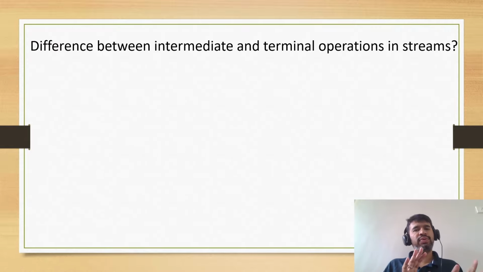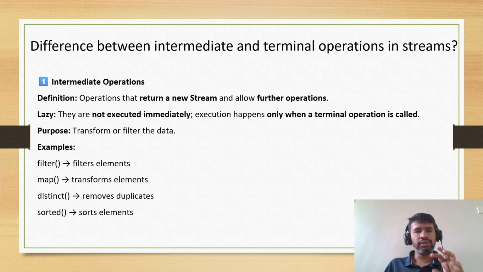What is the difference between intermediate and terminal operations in streams? Basically, we have to understand what an intermediate operation is first. Intermediate operations return new streams, which allow further operations, and they are not executed immediately.